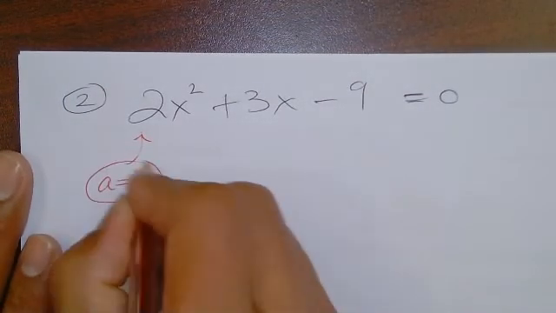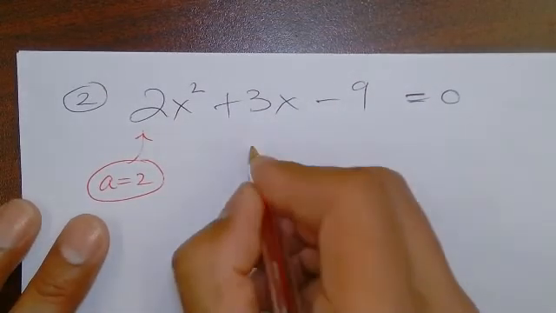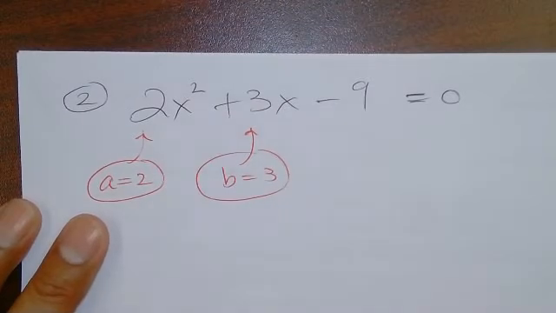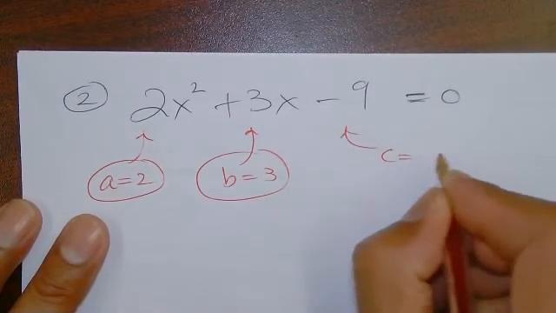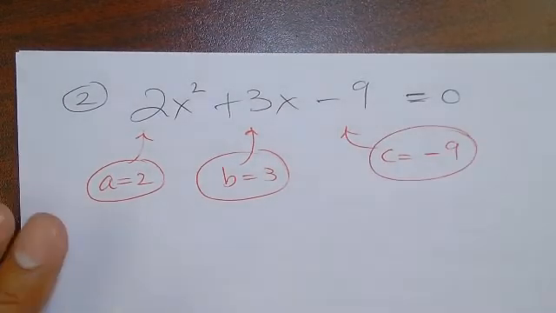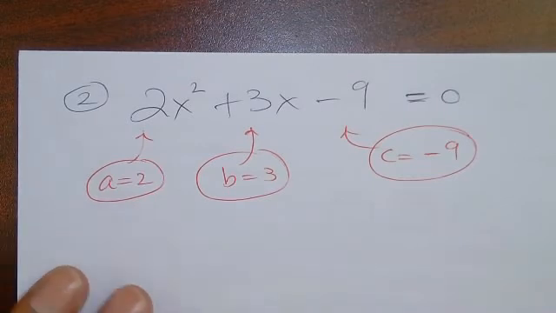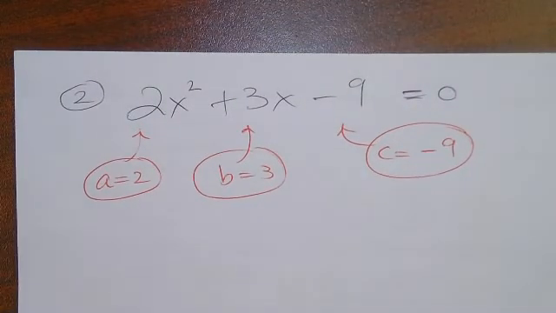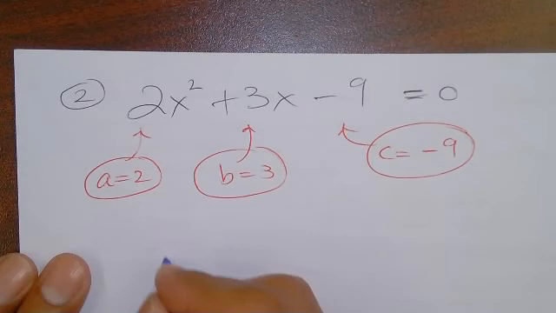We've done that before. Okay, what do I need first? A, B, C's. I need my A, B, C numbers. What is A? 2. What is B? 3. And C? Negative 9, not just 9. Watch out. Okay, good.